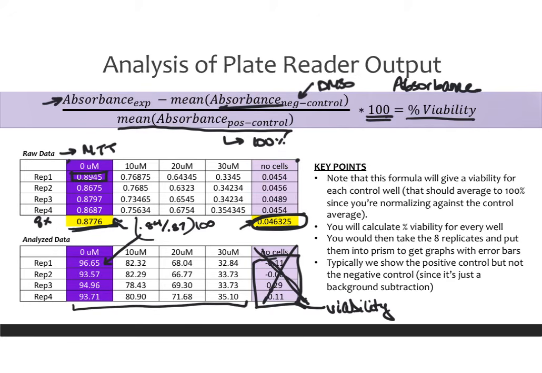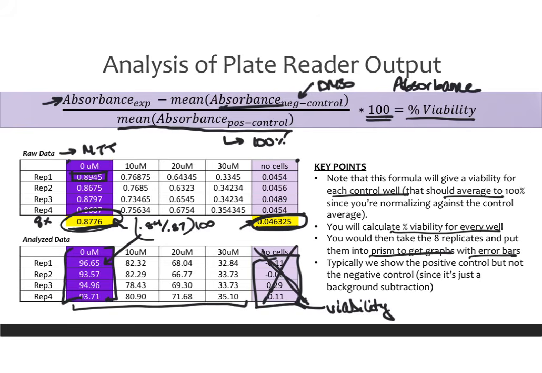So as we've said, this formula will give a viability for every control well that should average to 100 because you're normalizing against the control's average. It will also give you a percent viability for every experimental well. And then you would take all of these replicates, so this stack of 4, you would take this and put it into Prism, and that would generate your graphs with error bars.